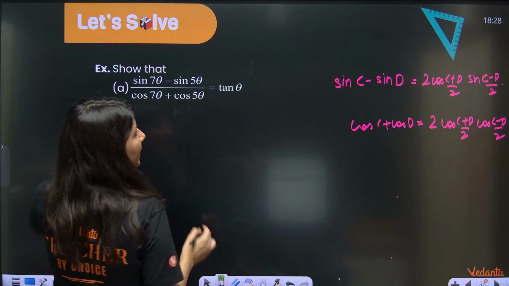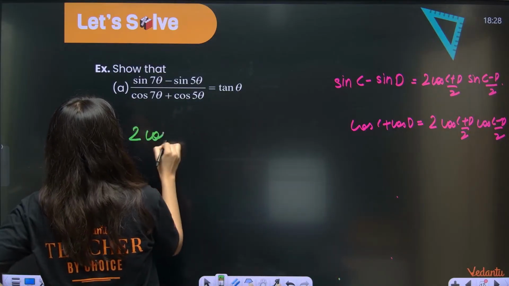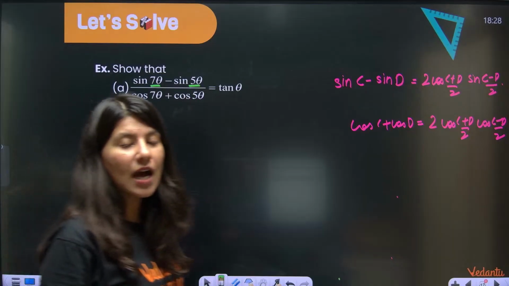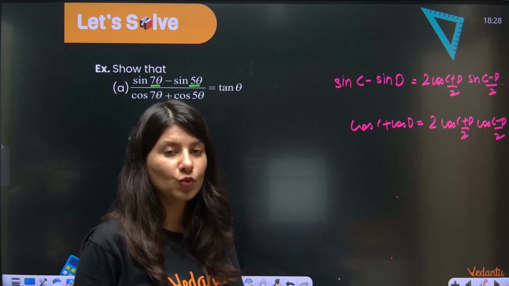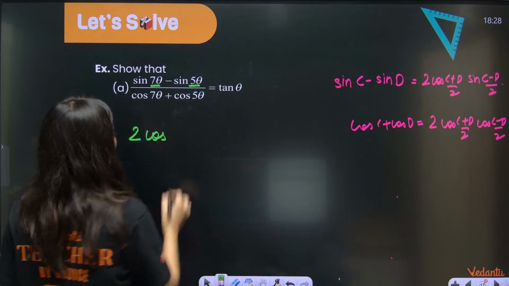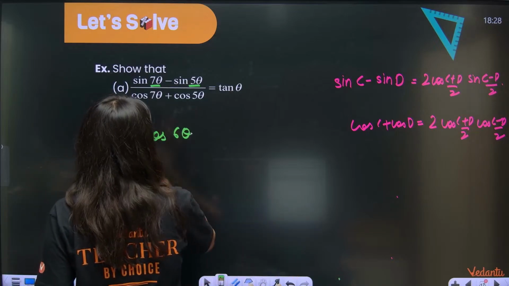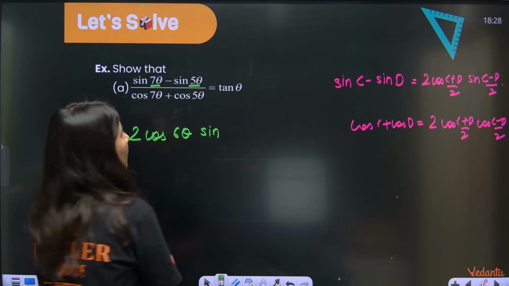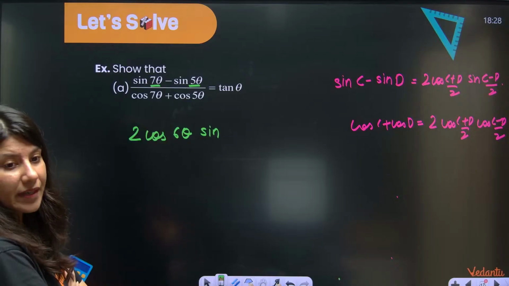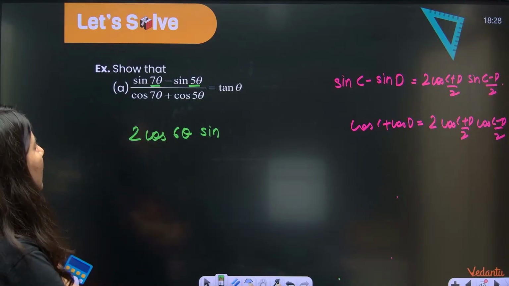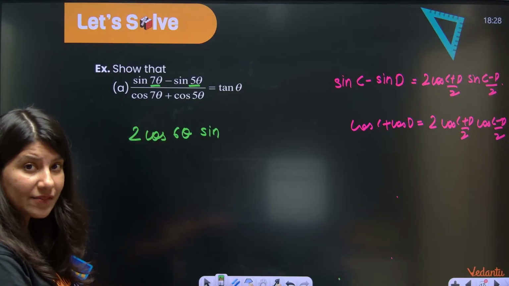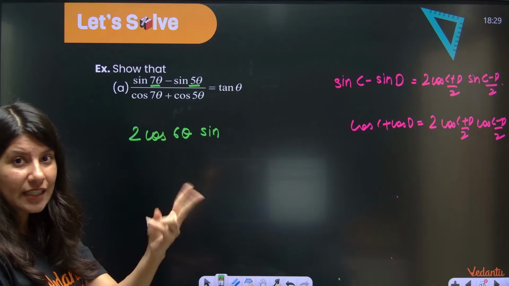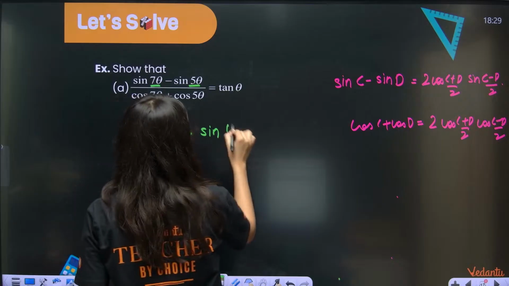Sin C minus sin D is 2 cos (C plus D)/2: 7 theta plus 5 theta by 2 is 12 theta by 2, which is 6 theta. Then sin (C minus D)/2: 7 theta minus 5 theta by 2 is 2 theta by 2, just theta.